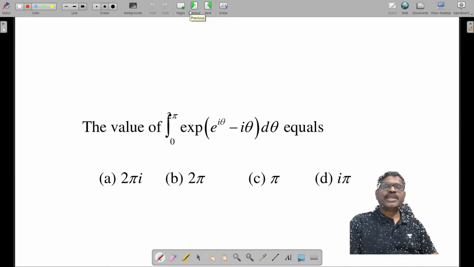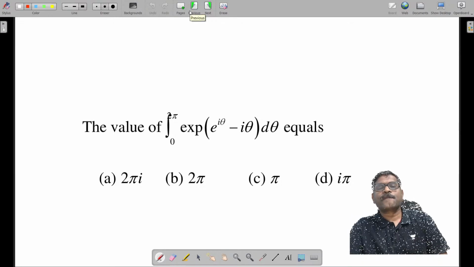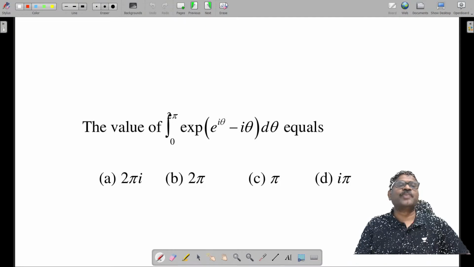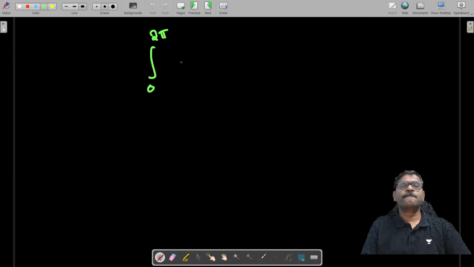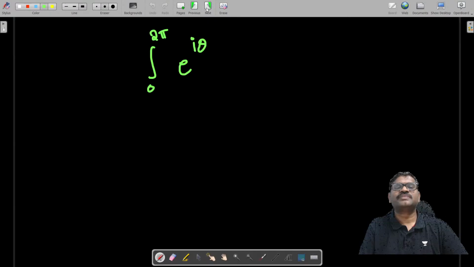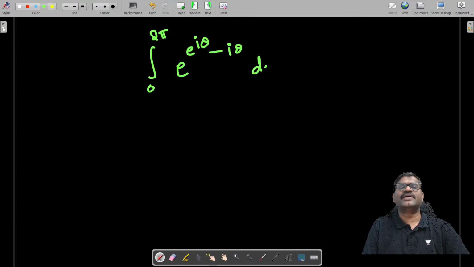Integral 0 to 2 pi, e power i theta, e power minus i theta, d theta.